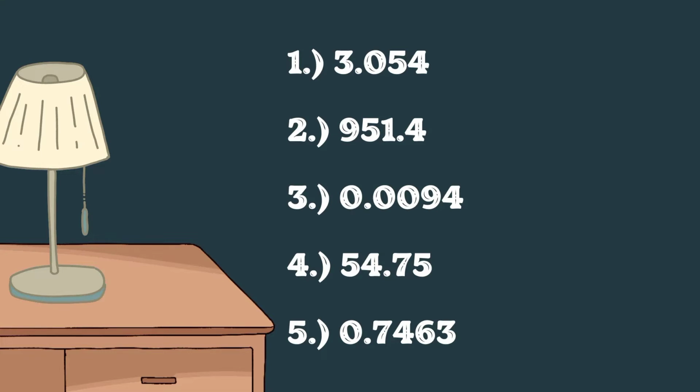For number 4, we have 54.75. And for number 5, we have 0.7463. I will be giving you 5 minutes to finish this task. Is it clear? Alright, now you may start.